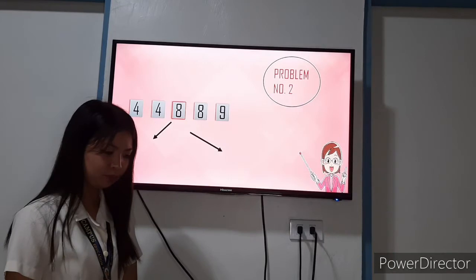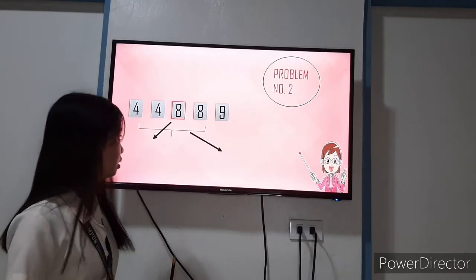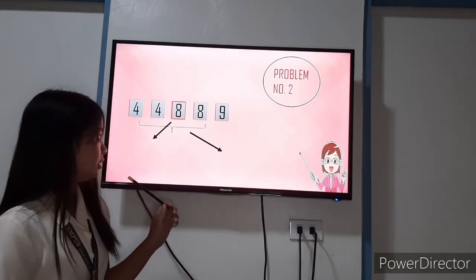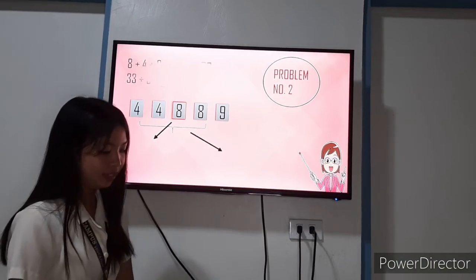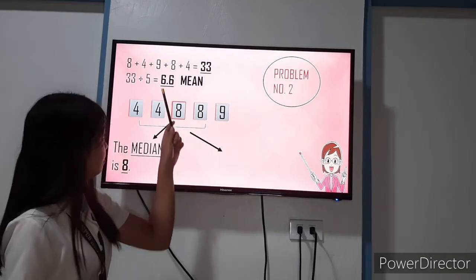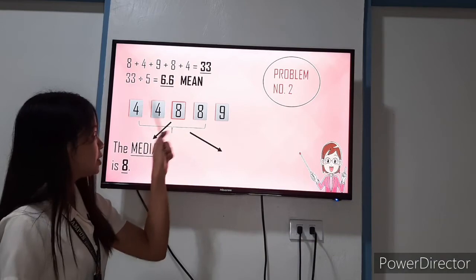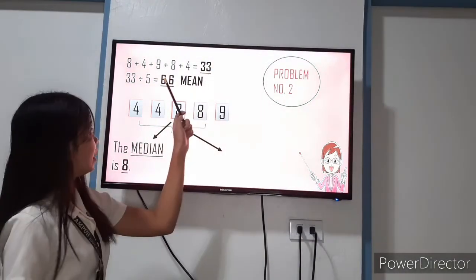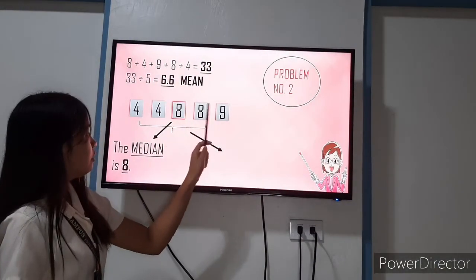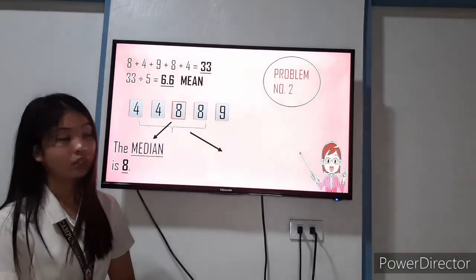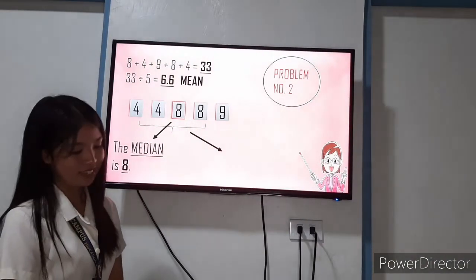In problem number 2, just add all the data, 4 plus 4 plus 8 plus 8 and 9, and divide it by 5. If we sum all of this data, we've got 33 and divided by 5. So, the mean is 6.6.